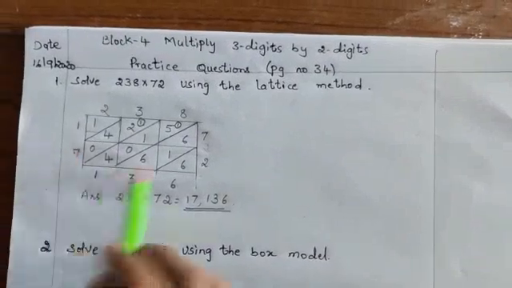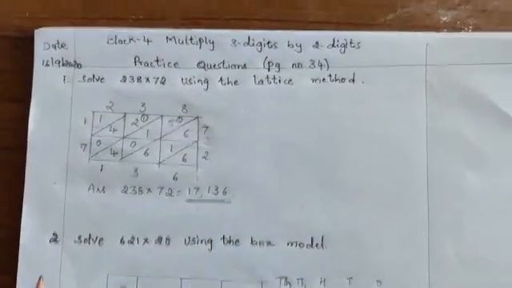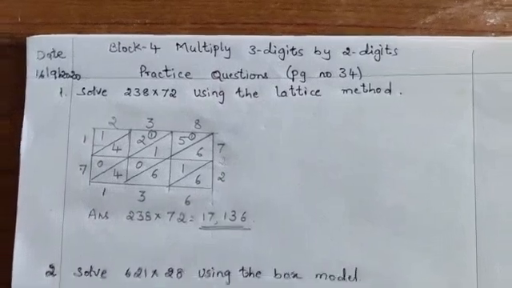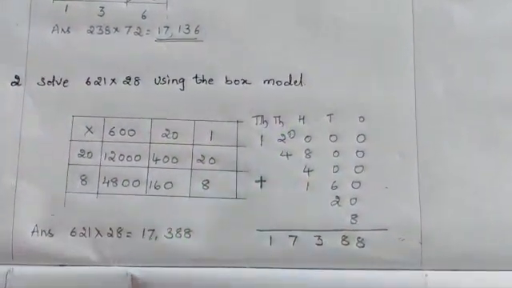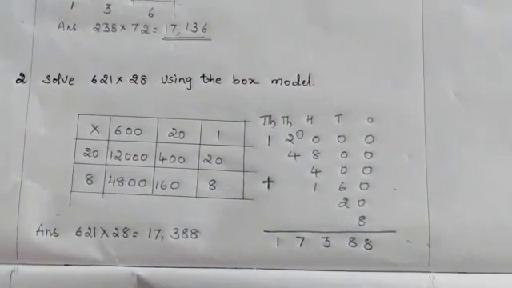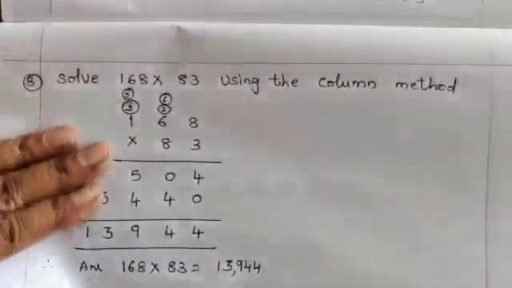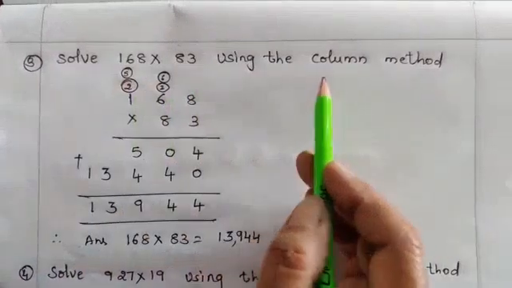See the first sum, lattice method. Second bit, box model. Third bit, column method.